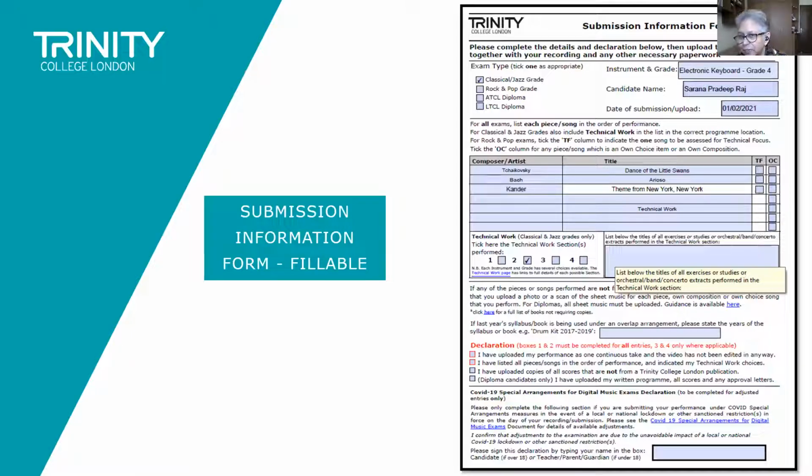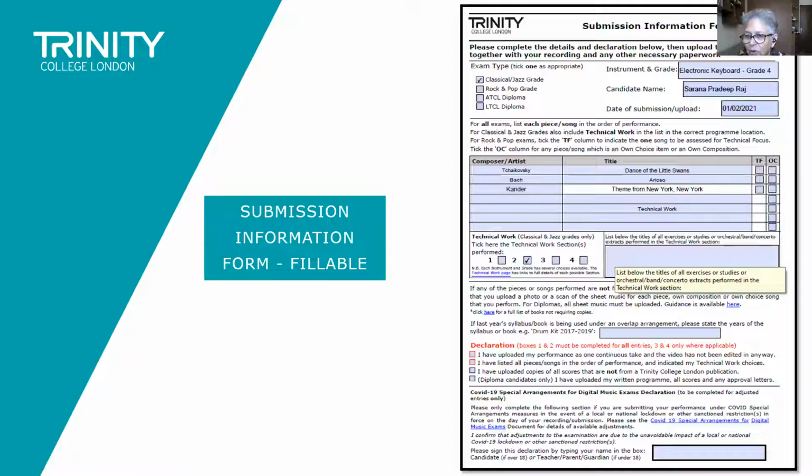And if you're doing rock and pop, tick the TF column against the piece you're offering for technical focus. If you're doing an own choice or own composition, please put a tick mark in the box against your own composition or own choice song. Now, after you've done that, you put the set that you have chosen for the technical work.